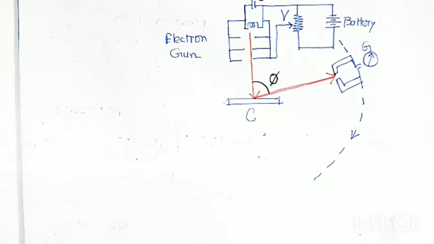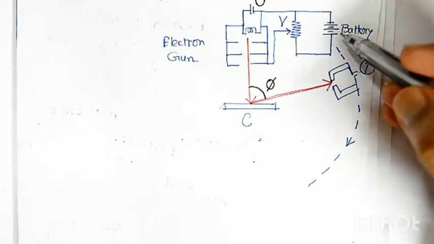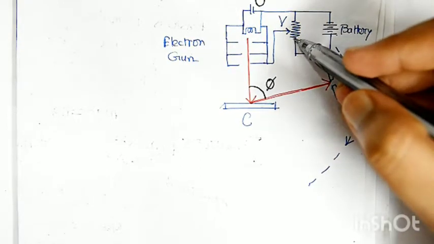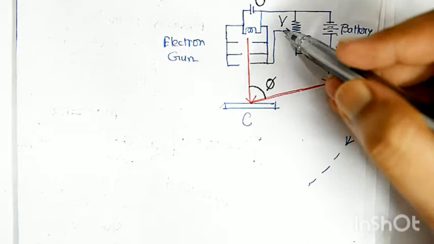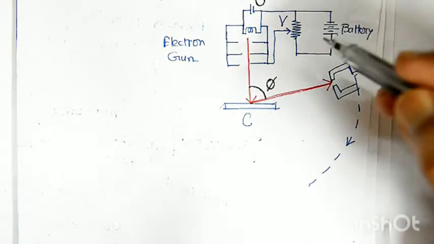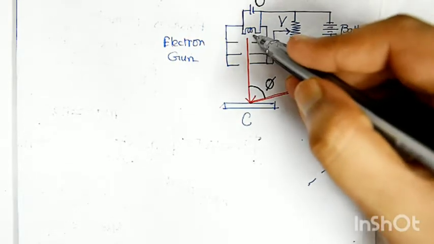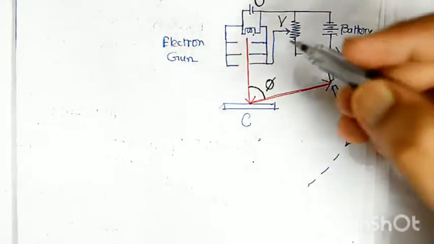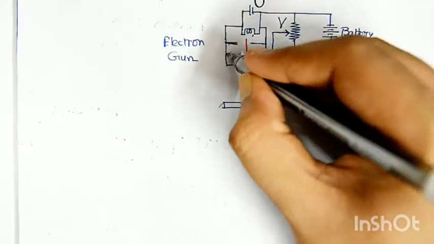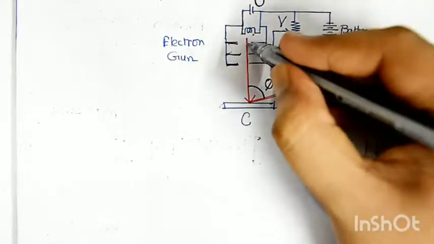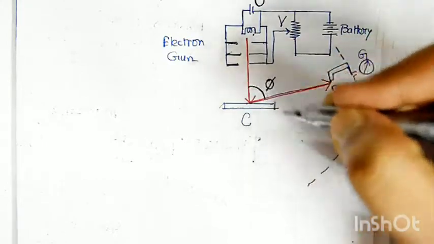This is the experimental setup of Davisson and Germer. This is a battery connected with a variable resistance so that we can change the potential difference V, and this is the filament from where electrons are coming out. These are called collimators, to keep the electron beams coming out straight.